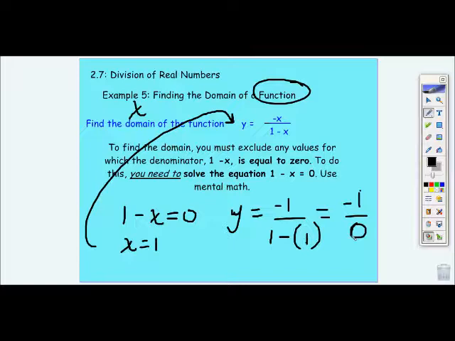Okay, so that means that this is undefined. So it will not work if x equals 1. That's the exception to the rule, the exception. And that then will finish lesson 2.7.